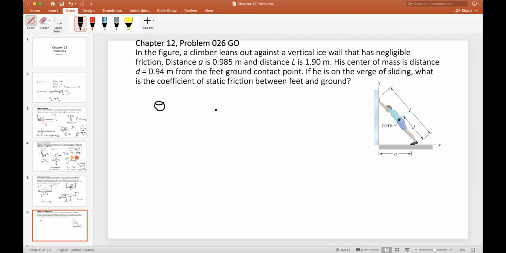Because we know SOHCAHTOA, meaning cosine of an angle is adjacent over hypotenuse. And in this case, I should write it big A. Our angle is here. Our adjacent is A, and our hypotenuse is L, okay?